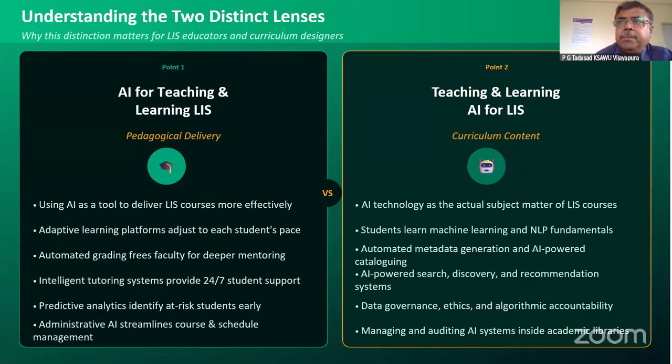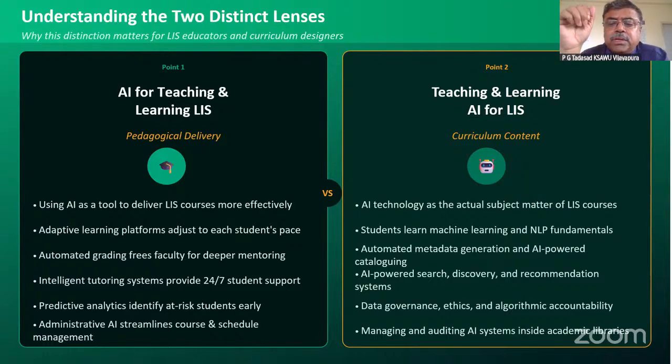What all do we have to study? Machine learning, natural language processing fundamentals, automated metadata generation, AI powered cataloging, AI powered search, discovery, and recommendation systems, data governance, ethics, algorithmic accountability, managing and auditing the AI systems.